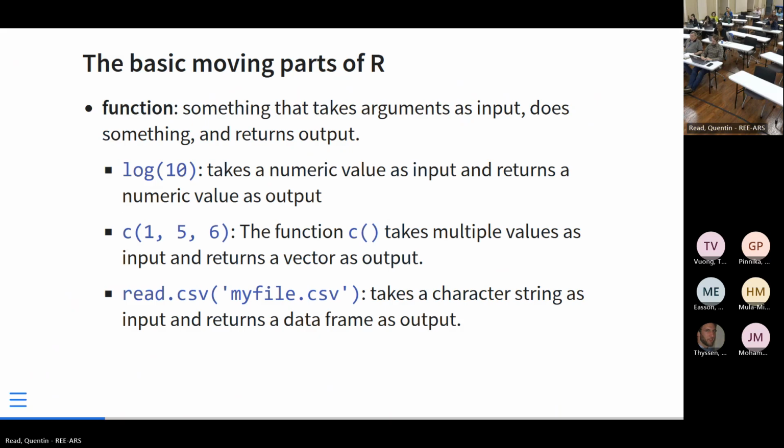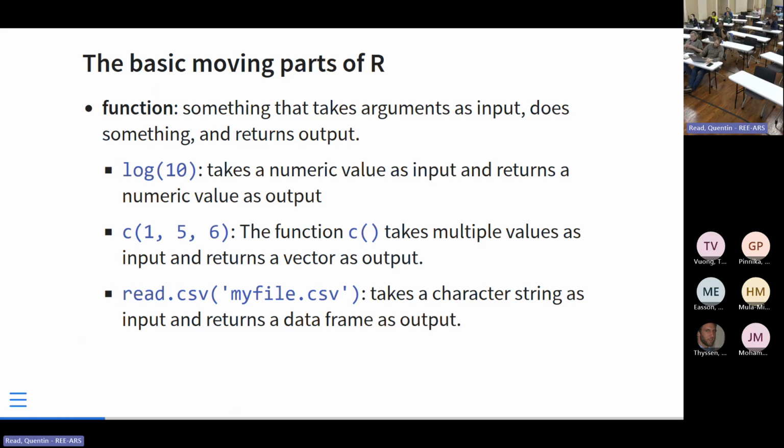And a function is another really important thing in computer science. R also has functions. A function is something that does something to your variables. It has input, which is often called the arguments. It does something and then gives you output, new variables that the function created.